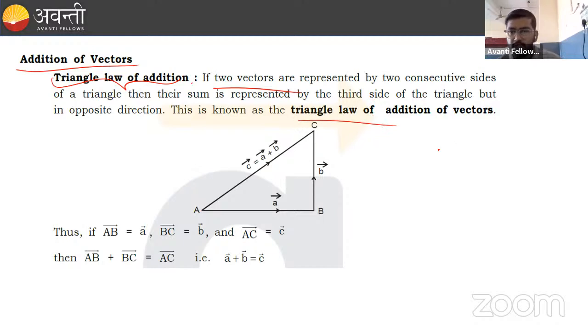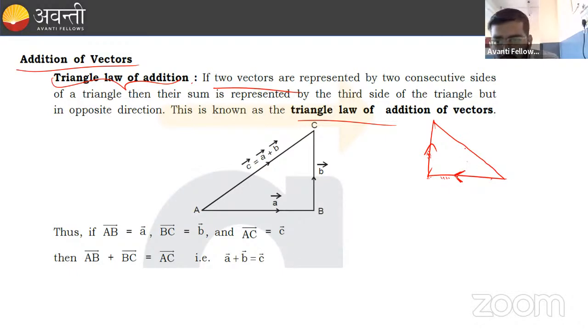So what is this saying? Consider you first draw a triangle. It says that if two vectors are represented by two consecutive sides of the triangle, so if you draw the consecutive sides going in the same direction, clockwise or anti-clockwise, you can choose any, then the sum of these two vectors will be represented by the third vector, but in the opposite direction.